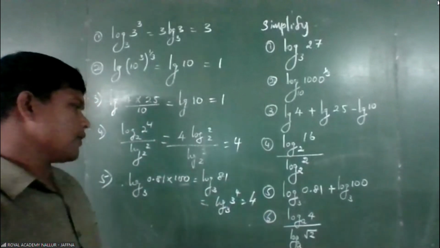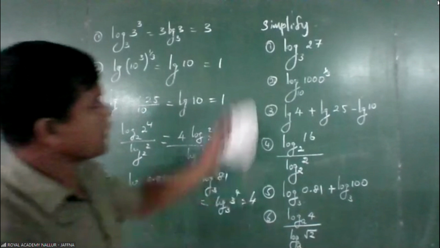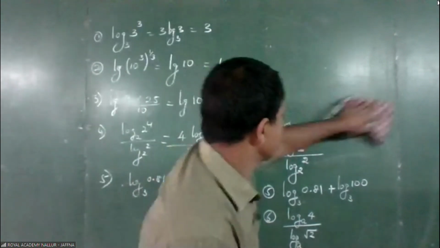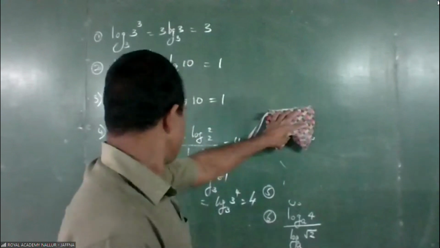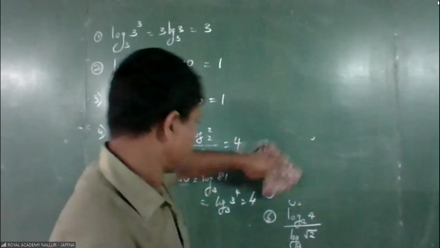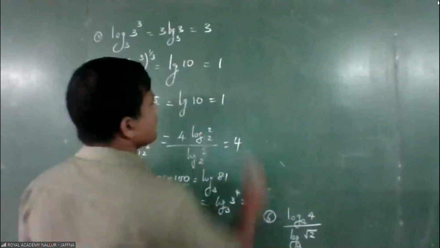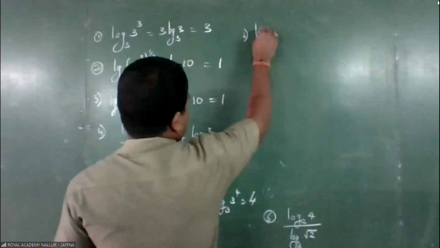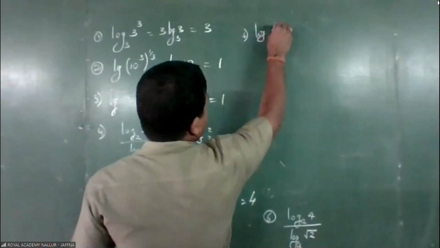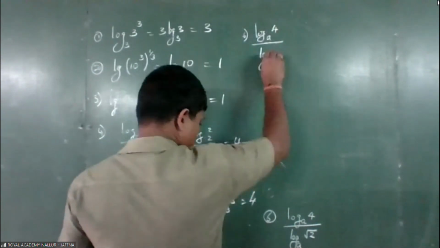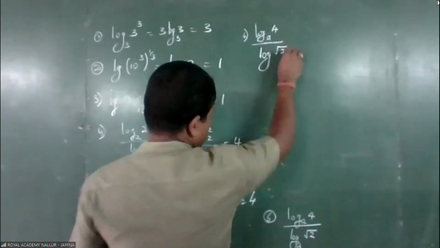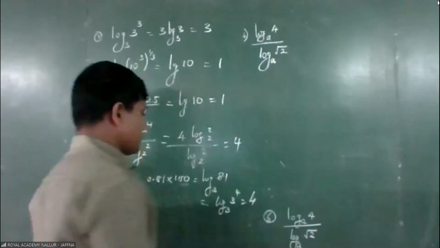Right? Last one. Number 6. Log 4 to the base 8 upon log square root of 2 to the base 8.